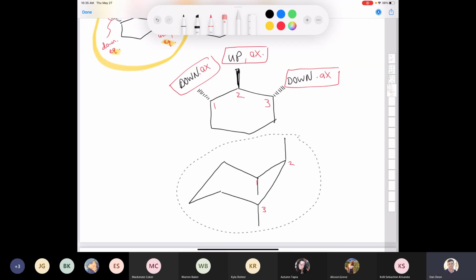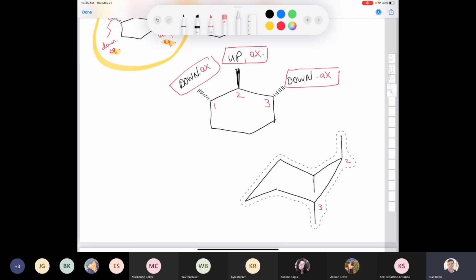All right, if we were to do a ring flip, let me just move this over here. If we were to look at the other conformation of the ring, which is the most stable of the conformations, and if we were to call this carbon number 1, 2, and 3, like this.